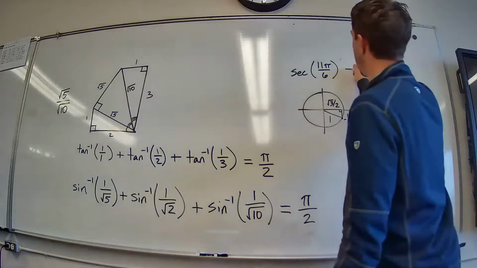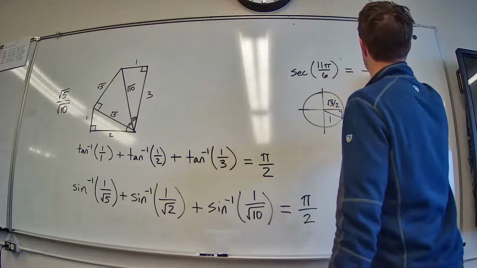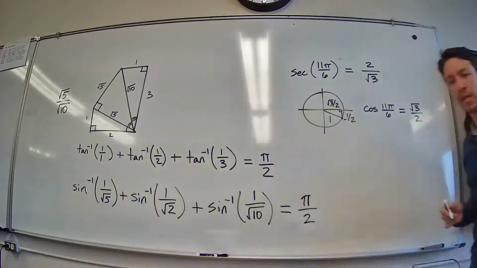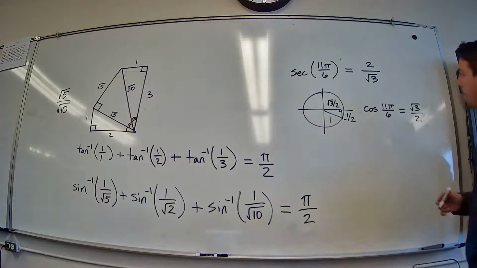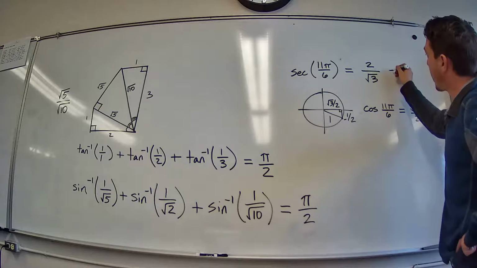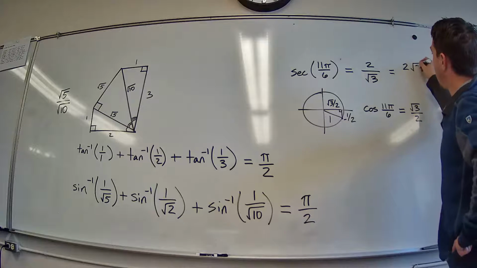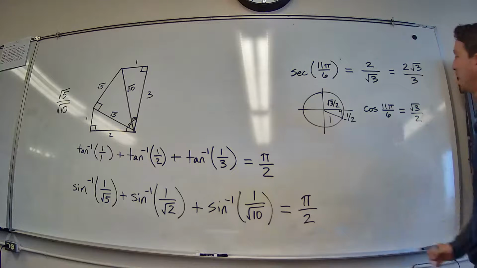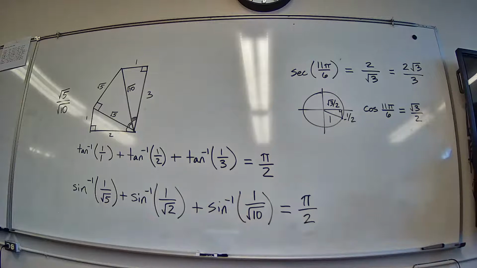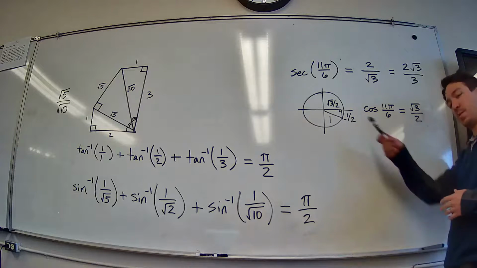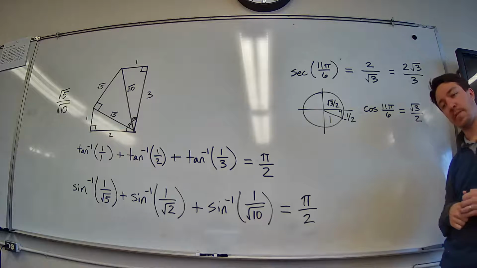So the secant is the reciprocal. And that's a totally fine number. However, you might see that get written like this, if they want us to put it in simplest radical form or have a rational denominator, and convert it.